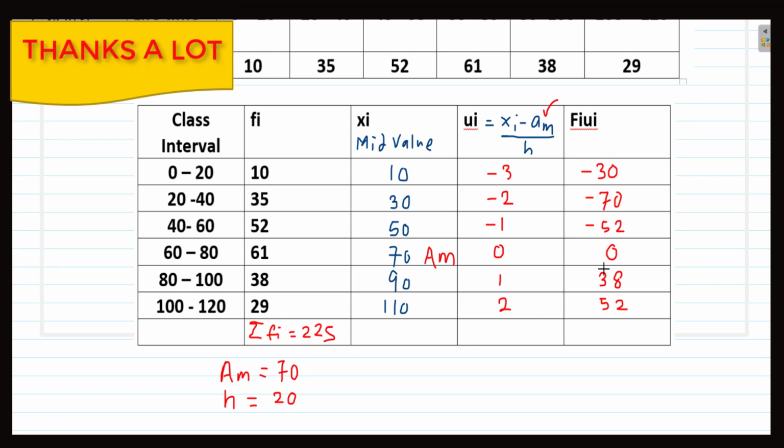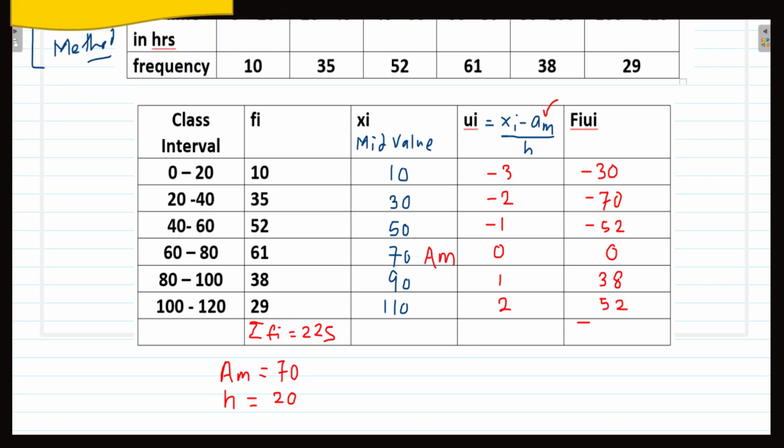Now we have to find the summation of fi ui. For that, first add all the numbers which have a negative sign, then add all the numbers which have a positive sign, and then subtract these two numbers. But you can do it this way also: 38 minus 30 will be 8. Correct?